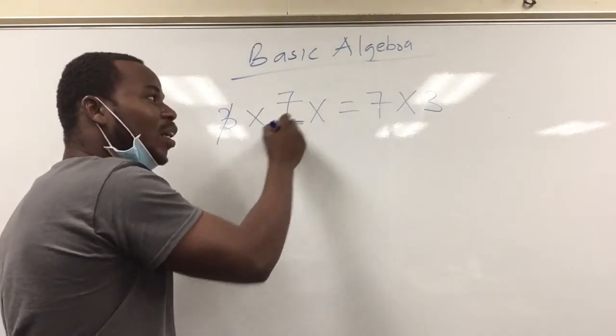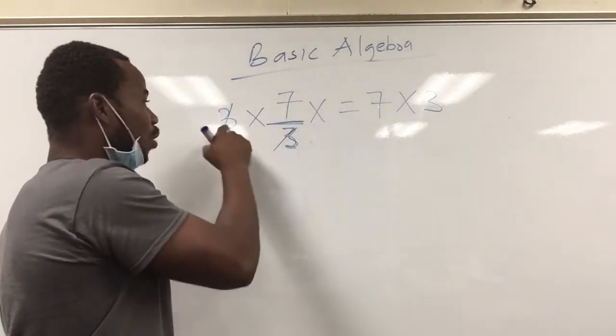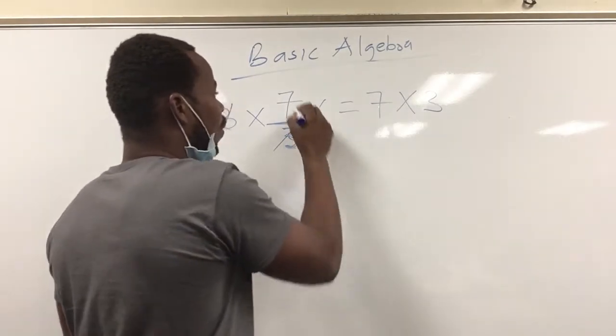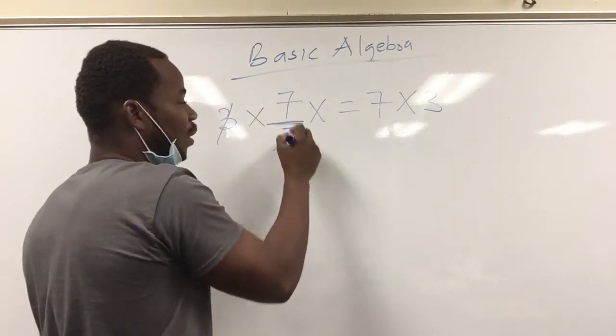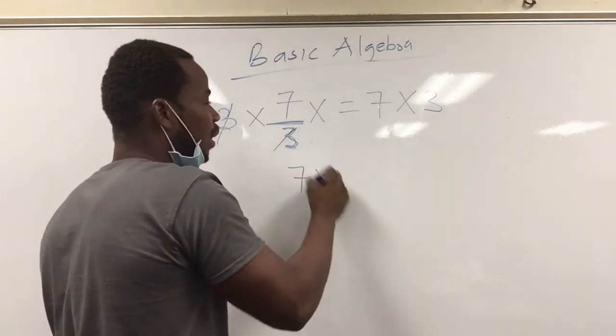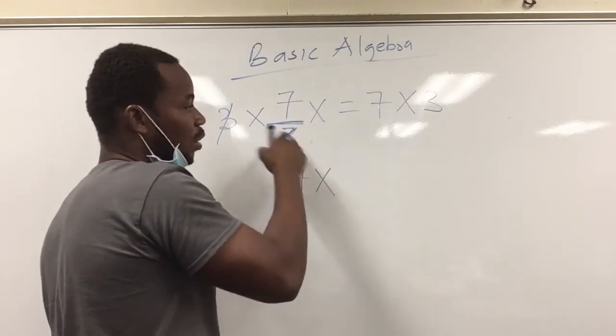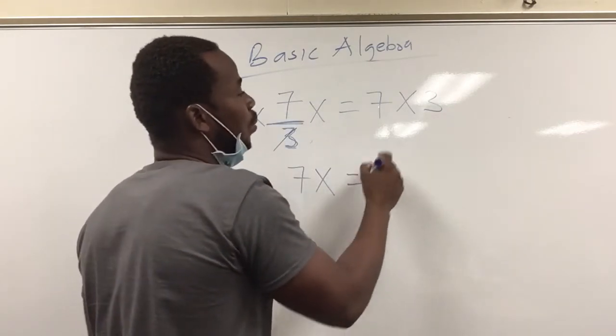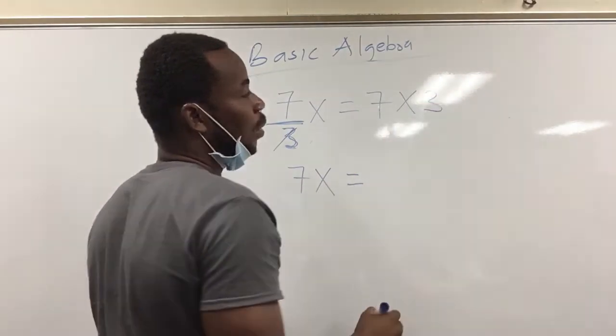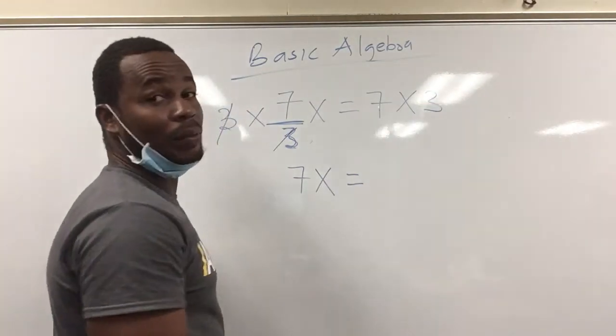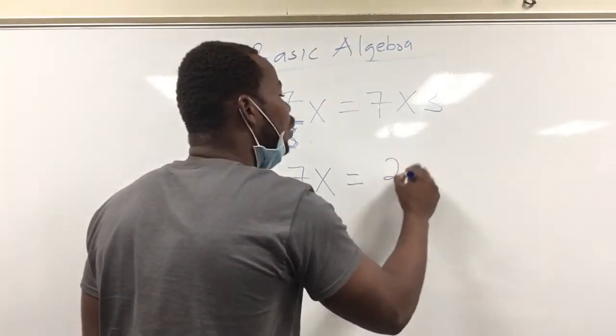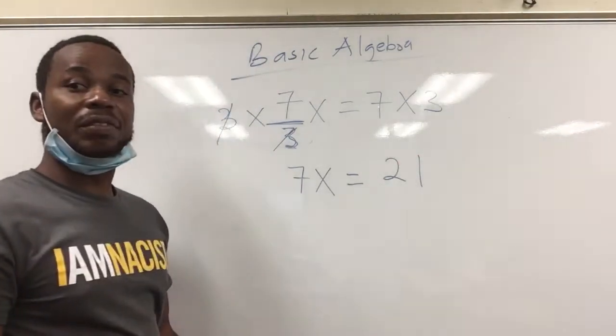Remember, it's division. That's why I'm multiplying by 3. Now, what is left? If I cancel this, I'm left with 7x at the top, which is equal to 7 times 3, which is 21. So write 21 here nicely. That's the first step.